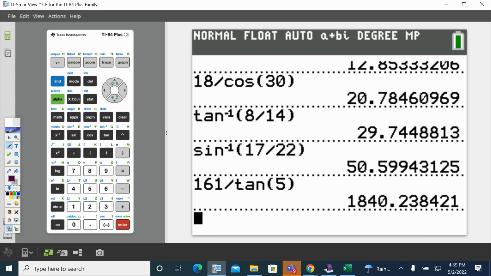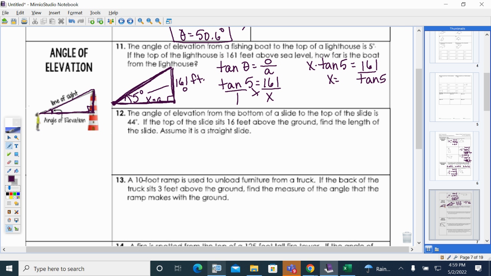So that gives me 1,840.2 feet. So the boat is 1,840.2 feet from the base of that lighthouse. Let's do one more.